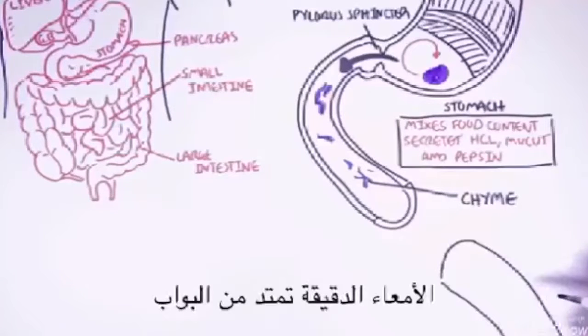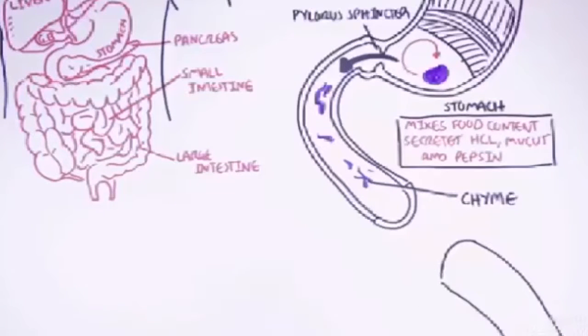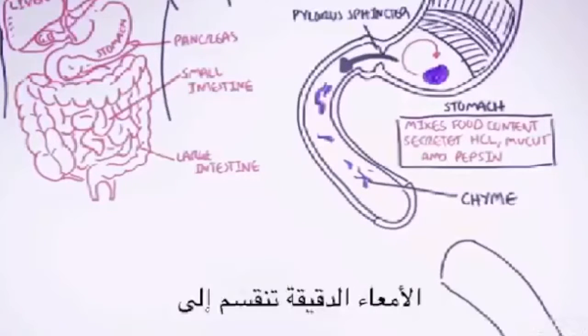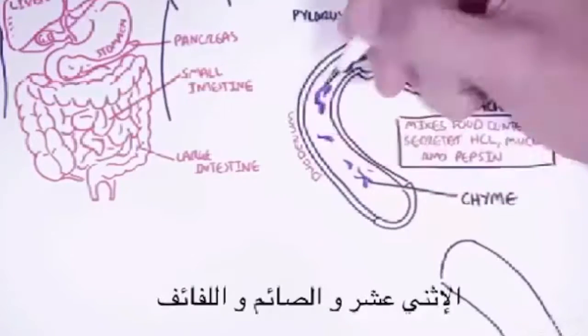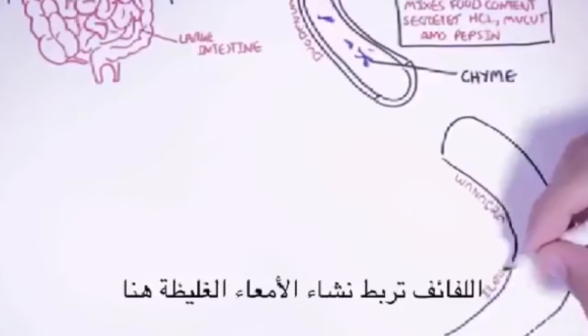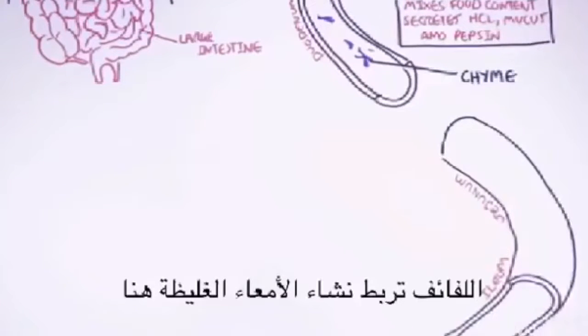The small intestine runs from the pylorus to the ileocecal valve, where it joins to the large intestine. The small intestine is divided into three segments: the duodenum, the jejunum, and the ileum. The ileum connects to the start of the large intestine here.